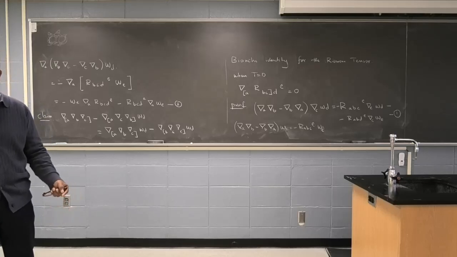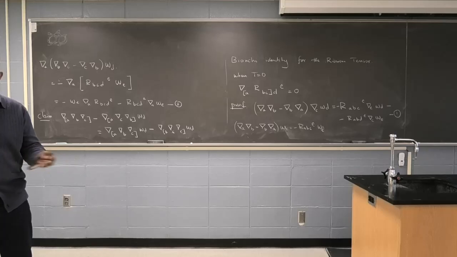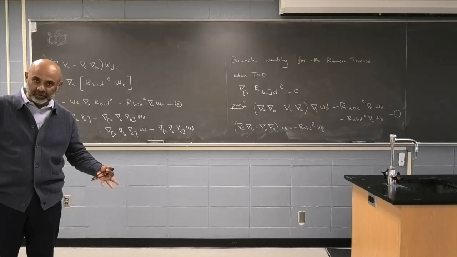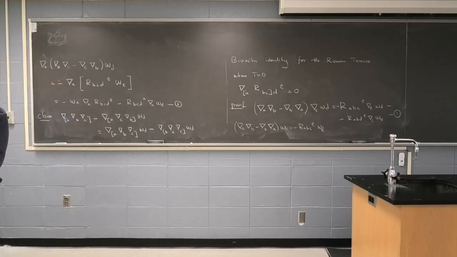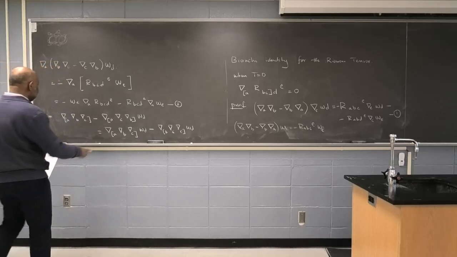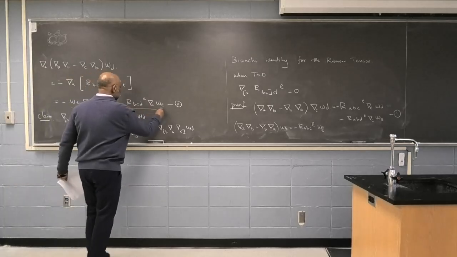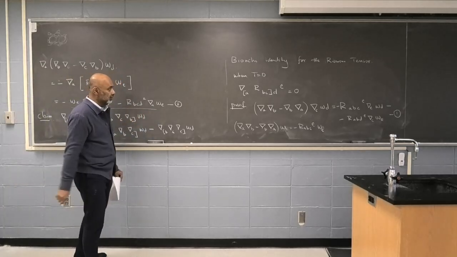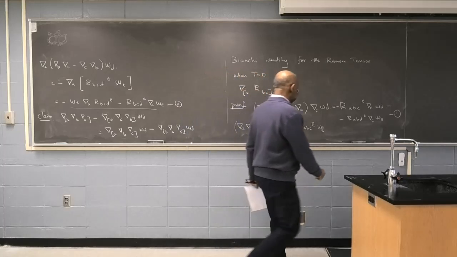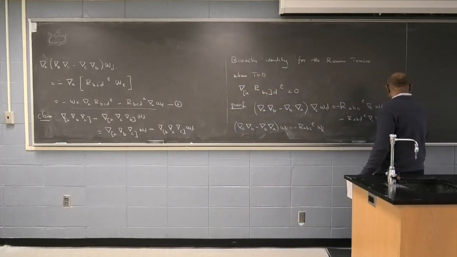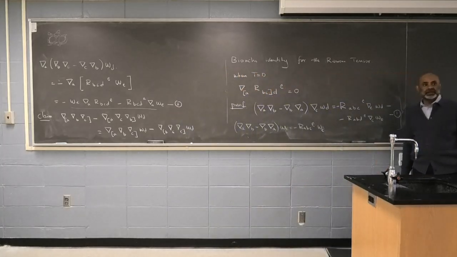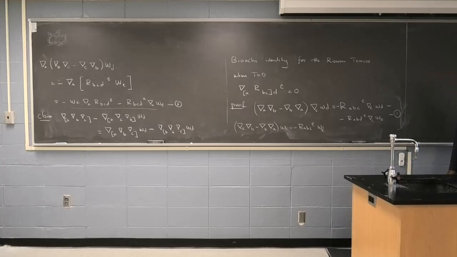Because the two equations have left-hand sides and right-hand sides. So what I'm going to do is anti-symmetrize this for A, B, and C, and this for A, B, and C, and then set it equal to each other.